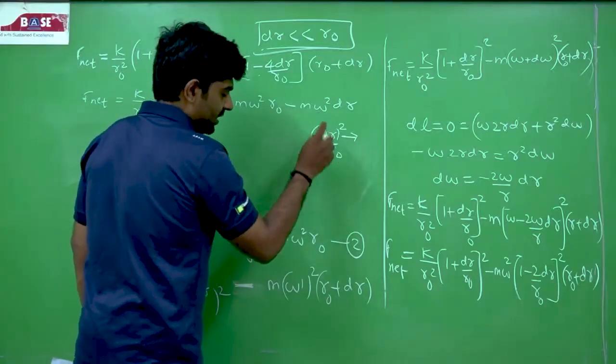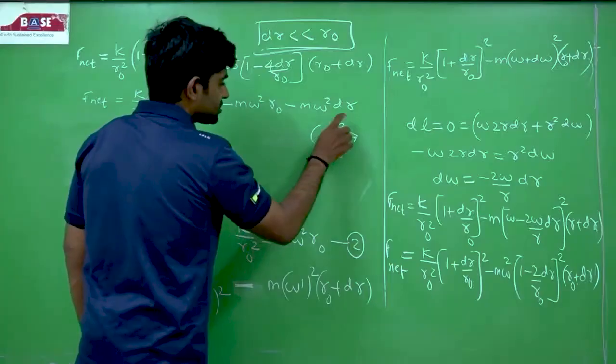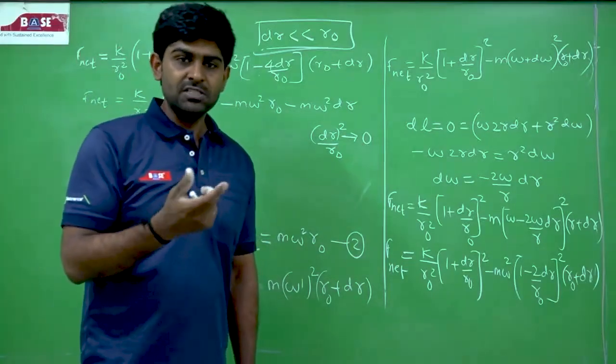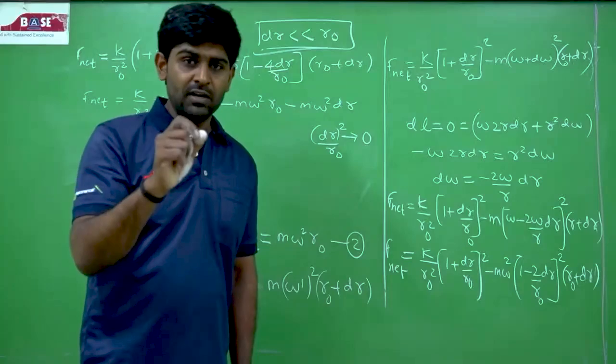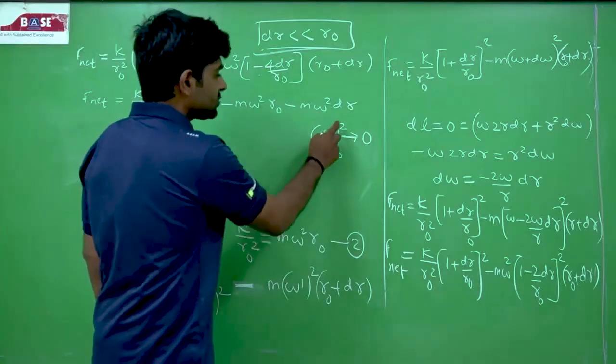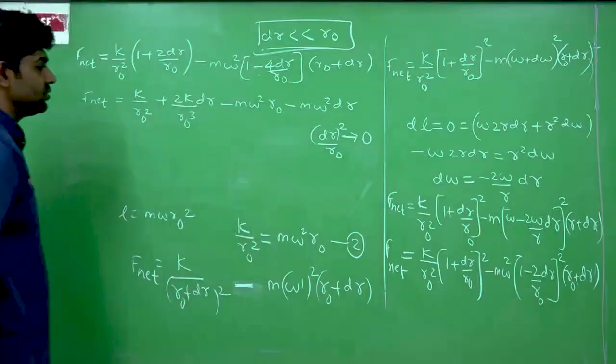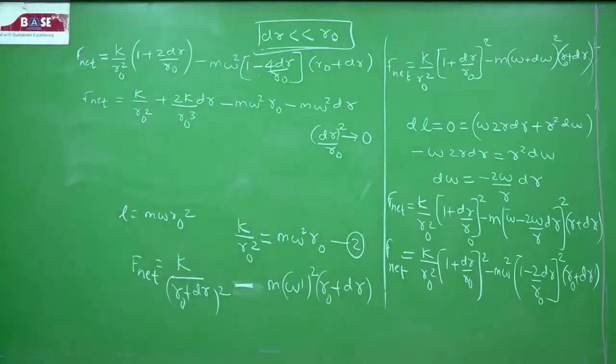So dr squared by r naught is tending to 0. Since we are already using approximation, dr by r naught itself is small; when you have dr square, it is really small, so we ignore it and make it 0.